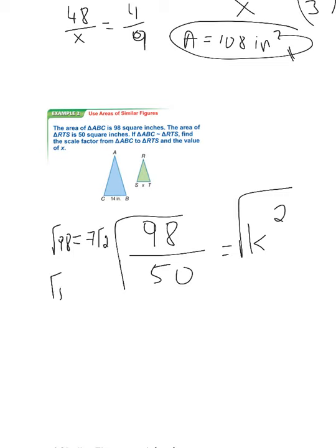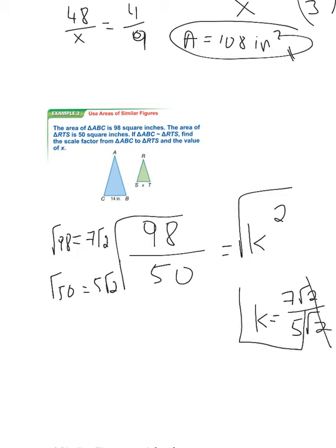Square root of 50 is 25 times 2, which is 5 radical 2. So k will be equal to 7 radical 2 over 5 radical 2. If you simplify this, k is equal to 7/5. Wow, really good review of Algebra 1 and some of geometry. So the scale factor is 7 over 5.